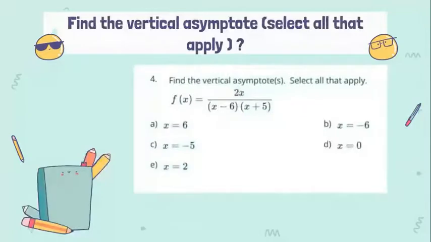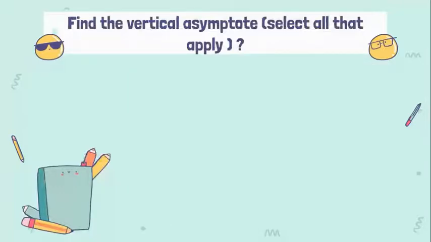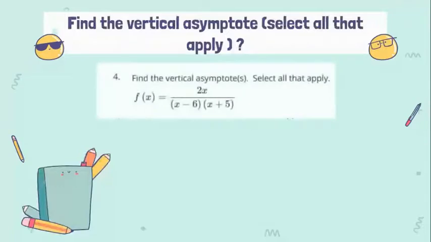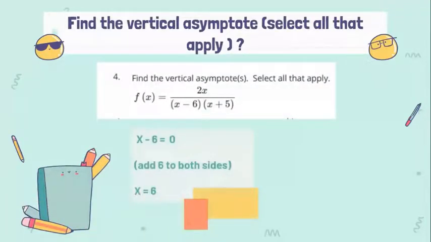Find the vertical asymptote, select all that apply. For this question, we need to find the vertical asymptote, but here we have two solutions, or two x values, so we need to solve for x. In order to solve for x, we need to set each bracket equal to 0.